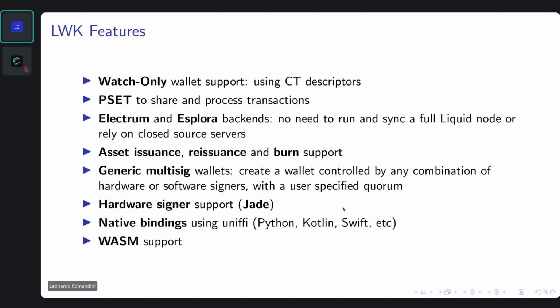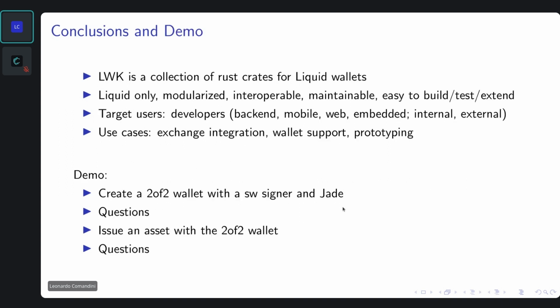The idea is that LWK provides the CLI interface and the JSON RPC server, but that's not the whole LWK. All the components could be used independently and at the need of the developer who is interested in using this tool for his Liquid wallet application.